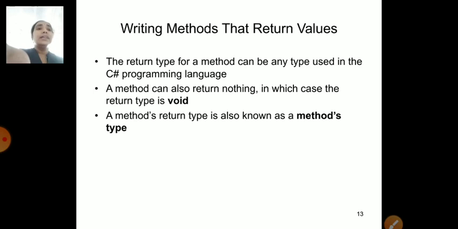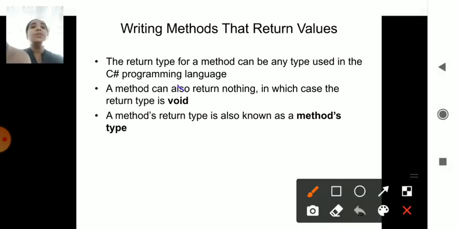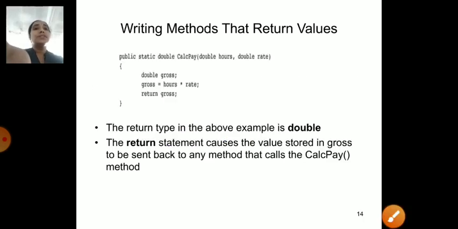Another type is called return value, or methods which can return a value. So what does return value mean? In your method it will not have the keyword void, it will have its return type. I may use an int type, a double type, or a string type; those may be the return type. You can check an example here.